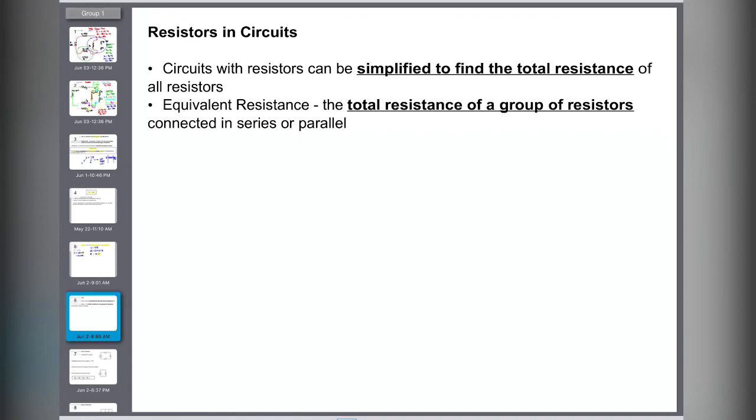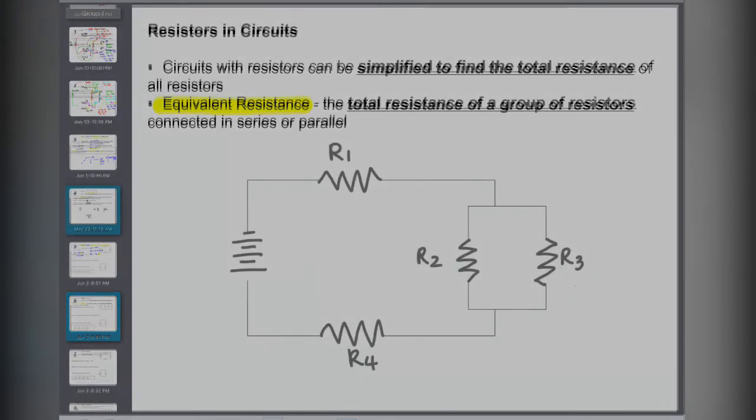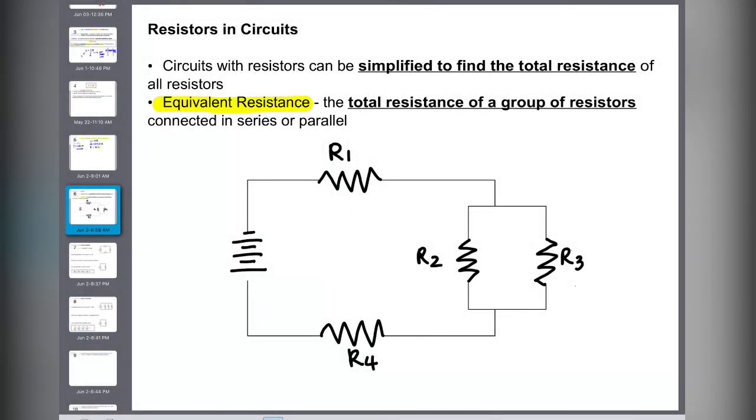Okay, and we're going to talk about a whole bunch of resistance. If I have a whole bunch of resistors together, what would the total resistance work out to be? Let's explain this equivalent resistance with an example that's written down here. They're telling you that you have R1, the resistance for the first resistor, R2 is the resistance for the second resistor, R3 and R4.